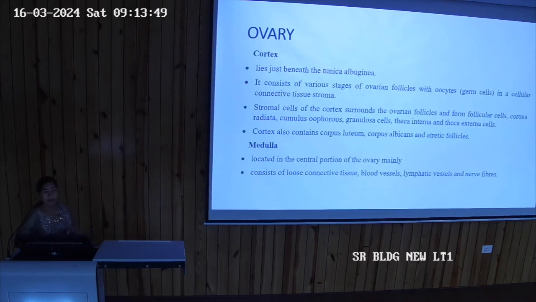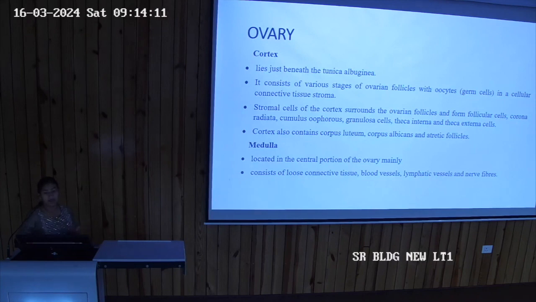Now histologically this is divided into cortex as well as medulla. Anything lying underneath the cuboidal epithelium, that is underneath the tunica albuginea, will be termed the cortex, and the inner connective tissue that contains the lymphatics, vessels and nerve supply will be the medulla.